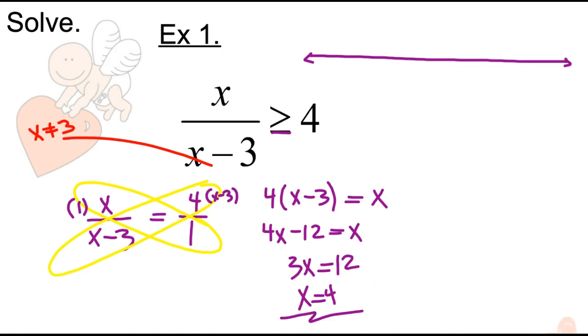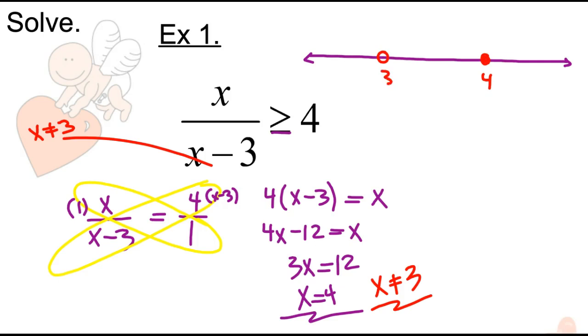So we're going to put that on our number line. And are we going to color that in or no? Yeah, a little tricky here, but x cannot equal 3, so we're not going to color that boundary in. So this is going to have one that's not colored in and one that is.